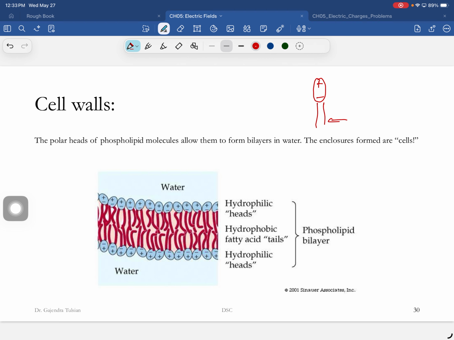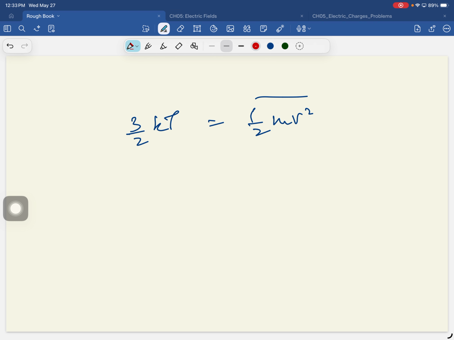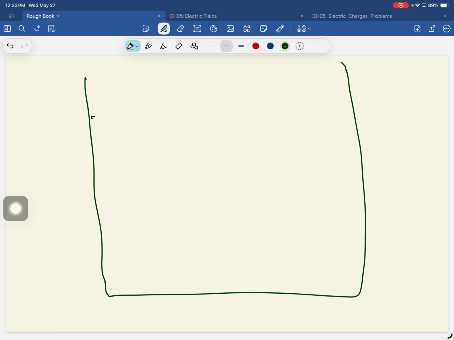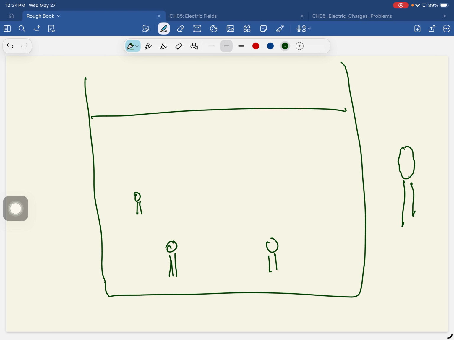Let's do the following. We're going to use that molecule. We'll take a glass of water and throw a bunch of those molecules in there. Now I'm going to draw a big one. What happens?